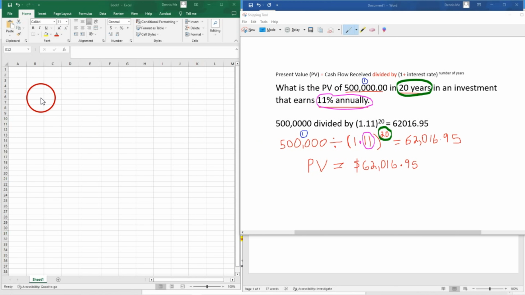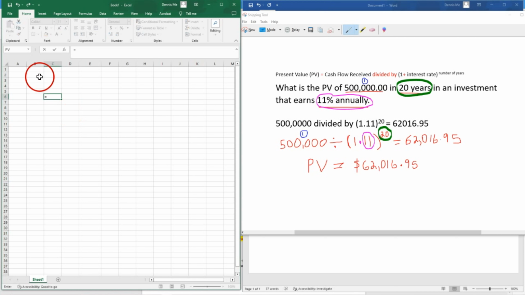So you open an Excel spreadsheet, select whatever cell you want to work in, press the equal key, and you can use this drop down. If you don't see PV for present value, you could select more functions and just type PV, and it will bring you to the present value calculation.